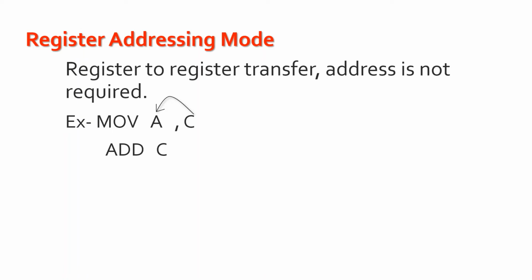For example, MOV A, C. That means move the contents of register C to register A. Another example is ADD C. That means add the contents of register C to the accumulator. A or accumulator is not mentioned here, but it is there.